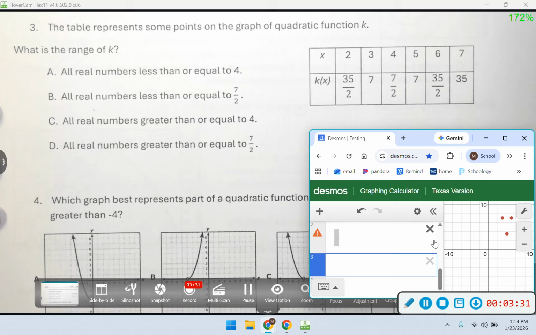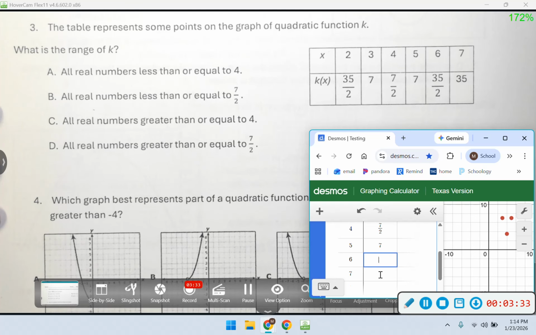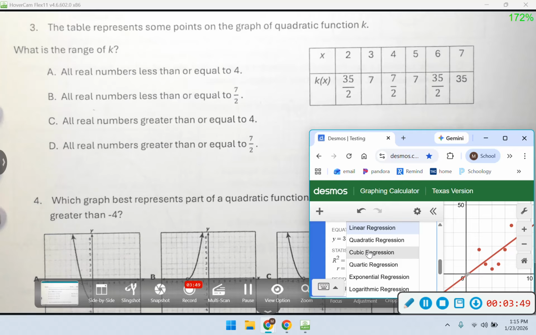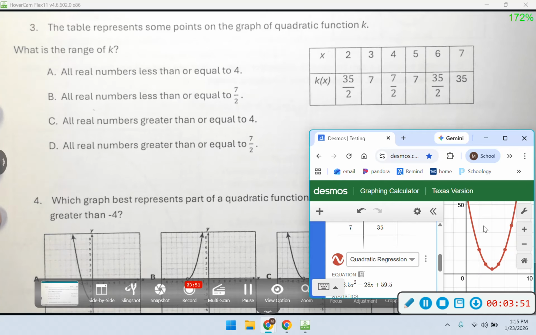What did I just do? What's happening? Okay, so we're going to click the magnifying glass. We see our U. I also wanted to graph the line, so I'm going to go ahead and do the quadratic. There we go. So I see my line.